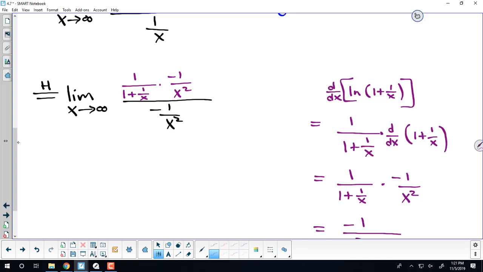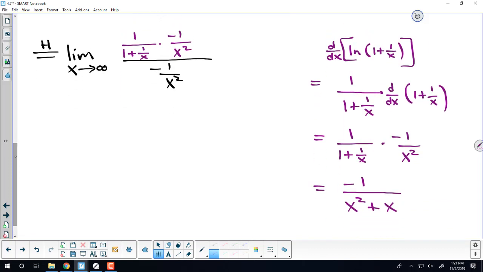What if you combined it? Yeah, combine it, but don't distribute. Just say negative 1 over x, and then put the 1 over 1 plus 1 over x in parentheses with that. Is that still going to make it a little too?